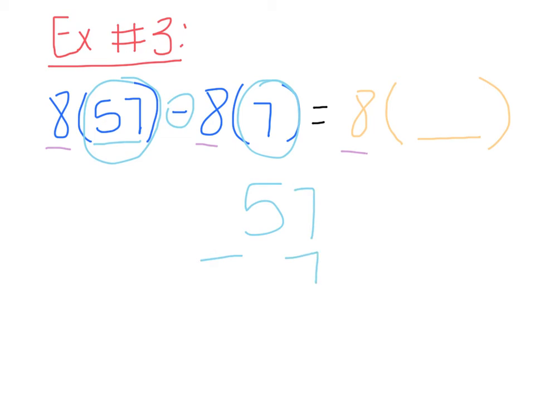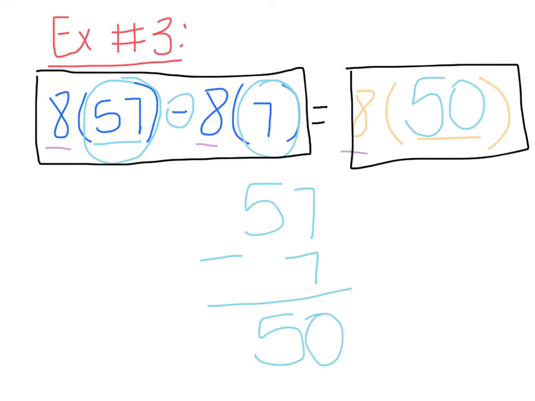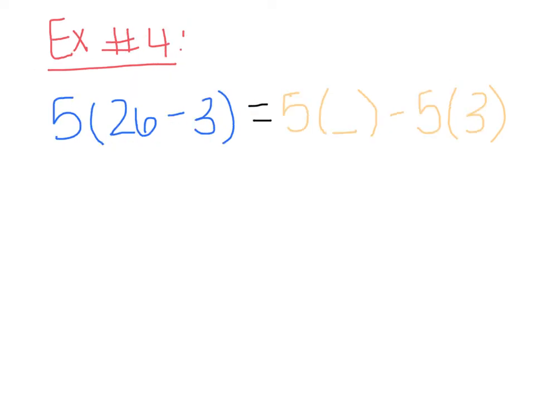And we know that 57 minus 7 is 50. So that's our missing number. Essentially what we're trying to do is to get this side to be equal to this side. We want the two sides of our equation to be equal.